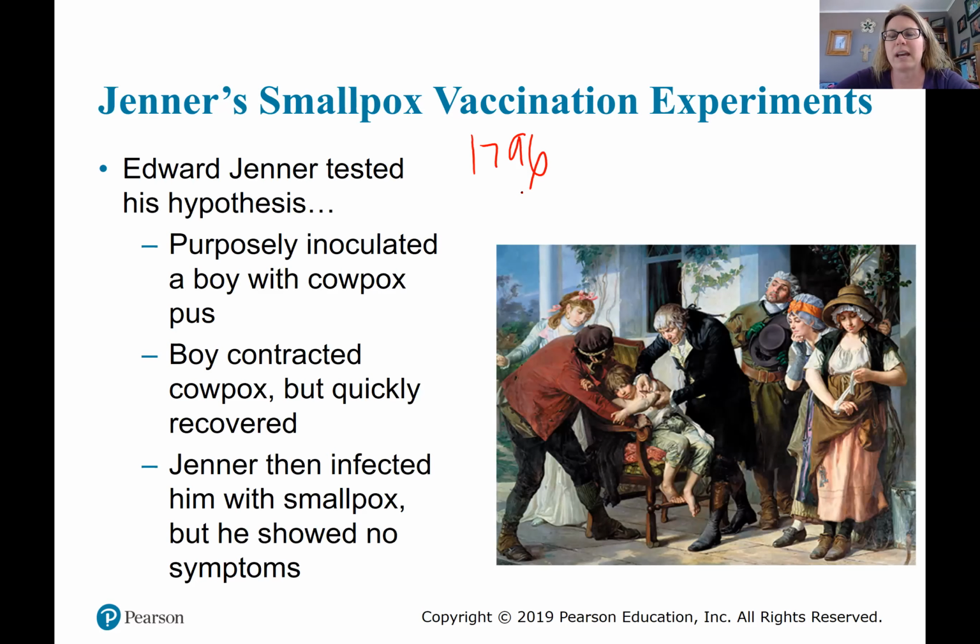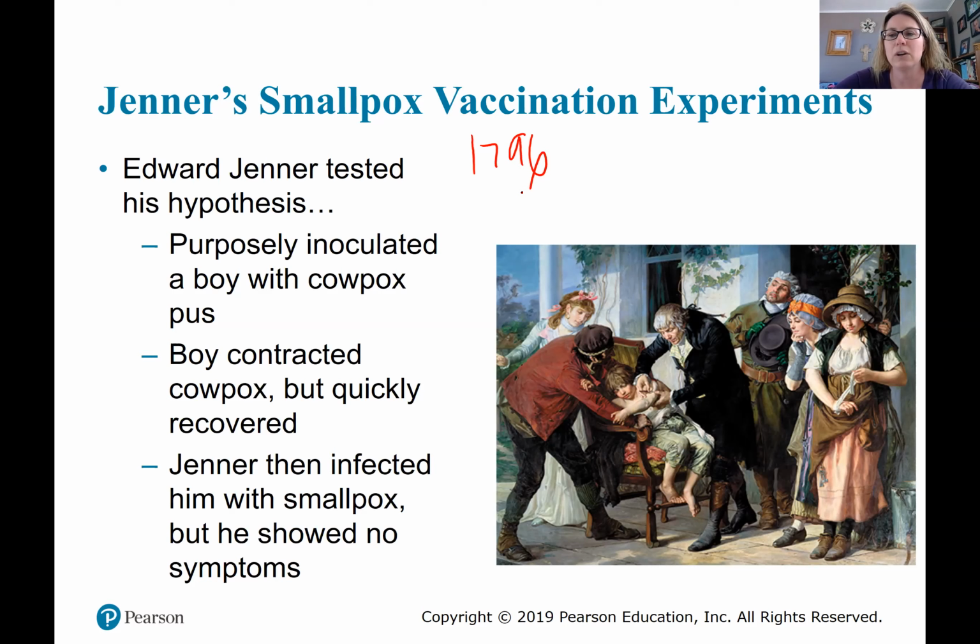where he noticed that milkmaids, women whose employment was to milk cows, would sometimes get a disease known as cowpox from the cows because they had so much physical contact with them during the milking and feeding process.